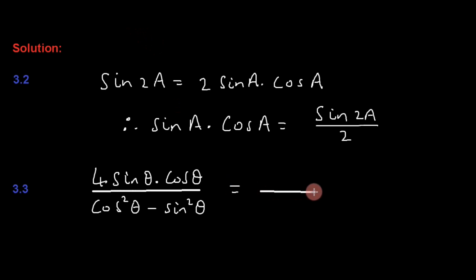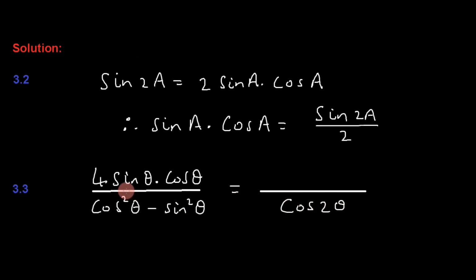Now, the denominator here, of course, is the expansion for cos 2 theta. Remember, this is one of the 3 expansions for cos 2 theta. So we can reduce it to the cos of 2 theta.